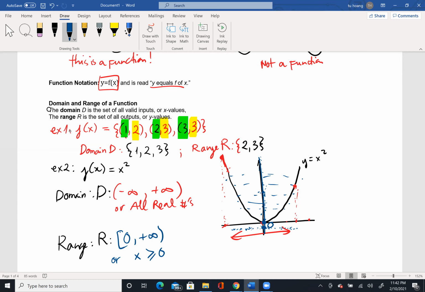Oh, no, sorry, y. Let me say y, because this is a range. All right, so that is the answer for the domain and range.